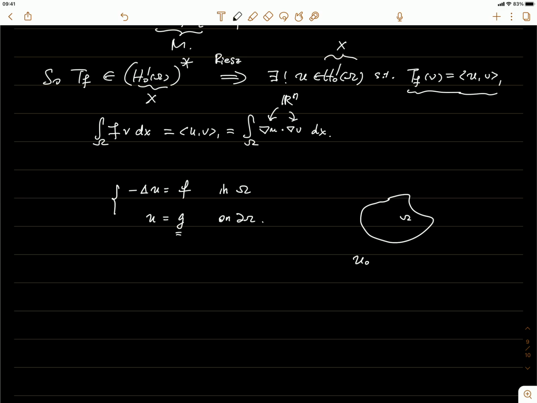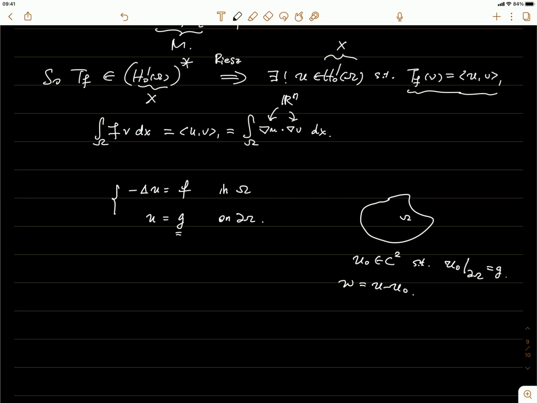Just look at this u_0 such that u_0 is continuous, maybe hopefully C^2, such that u_0 is equal to g on the boundary. Why are we doing this? This is because once we have this u_0, we can think that the solution to this one is, we can just consider the difference between u and u_0, call it w.